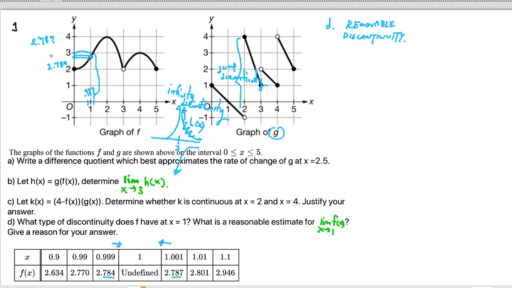Basically you just average these two and find the middle point. The difference between them is 0.003, so half of that is 0.0015. I would add this to the lower one, and that gives the middle between these 2 points. Or you could just add them together and divide by 2.